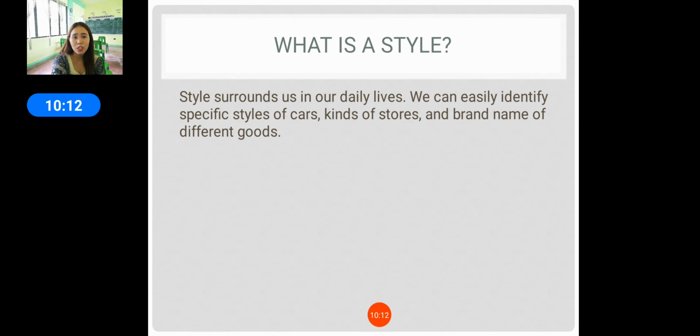You're going to choose different things, such as your hairpins, your dress, the color, the style. So we are surrounded in our daily lives with style, but of course it differs, and it reflects our own personality also.